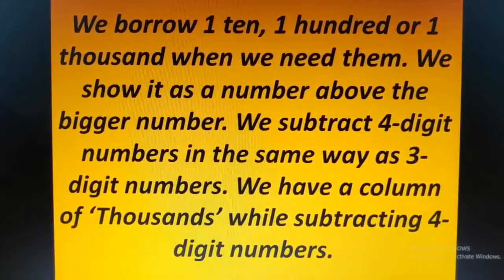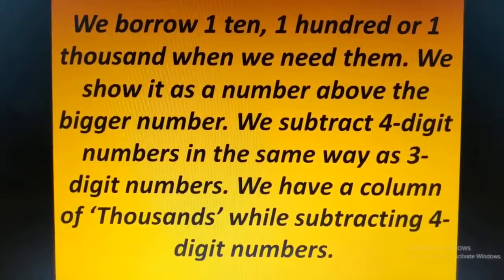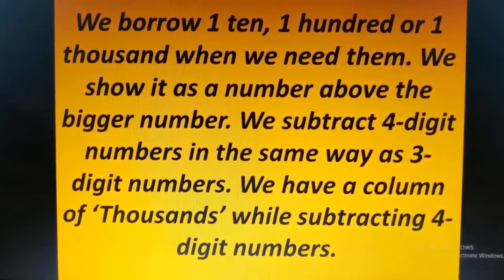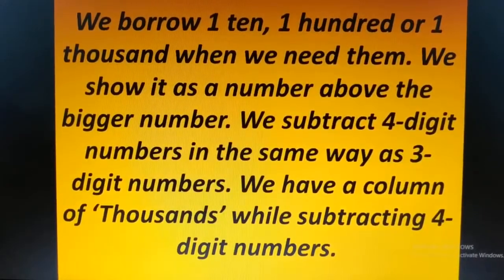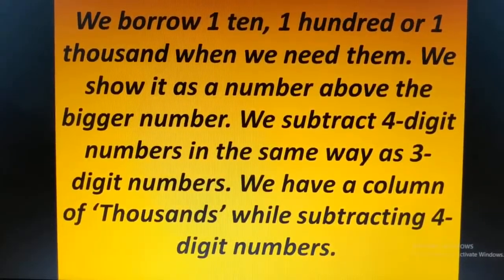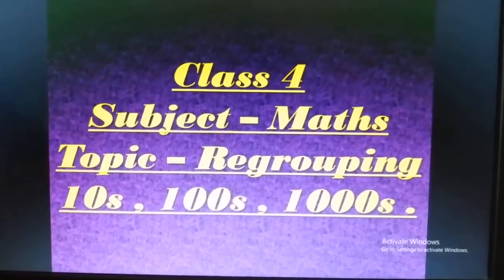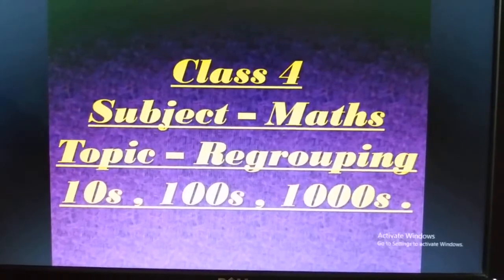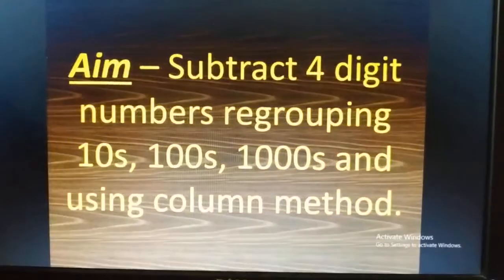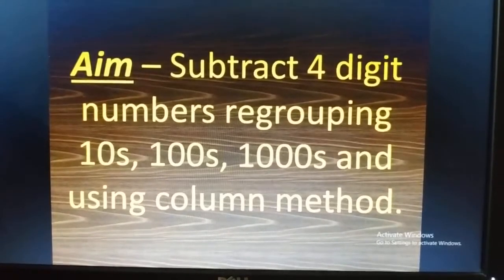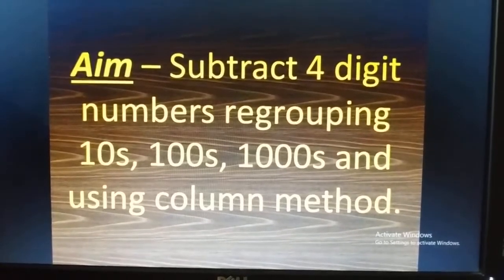We show it as a number above the bigger number. We subtract 4-digit numbers in the same way as 3-digit numbers. We have a column of thousands while subtracting 4-digit numbers. So today we have learnt subtraction of 4-digit numbers, regrouping tens, hundreds, thousands and using the column method.